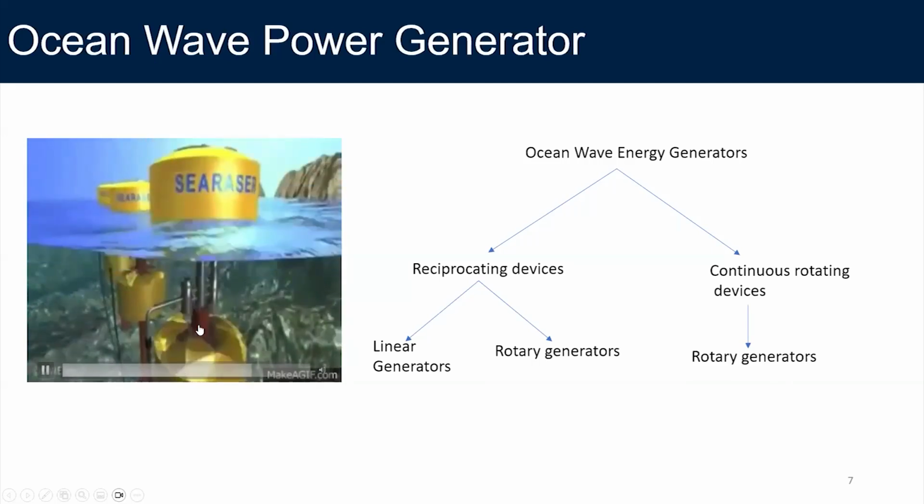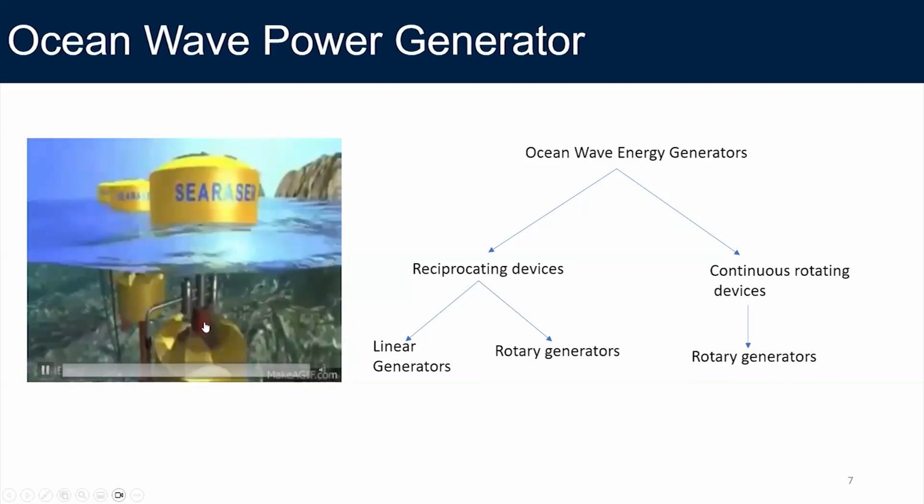Alternatively, there are mechanical setups that could convert this linear motion into rotary motion, and then you would couple it with a continuously rotating, conventional generator. Alternatively, you could also have a system where the reciprocation is converted into rotary motion, which requires another type of setup to convert that motion.